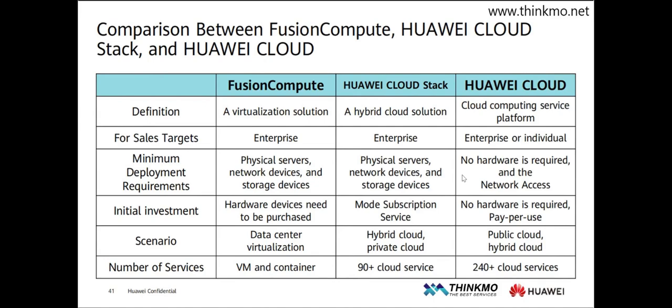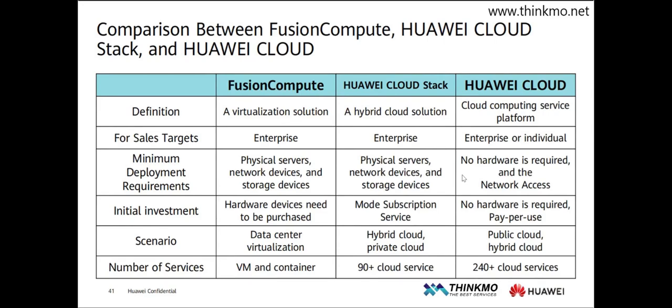If there is some less critical data, it can also be connected to the public cloud to form a hybrid cloud, which is also feasible. However, it mainly focuses on private cloud. Huawei Cloud mainly focuses on public cloud, primarily for individual users. Of course, small and medium-sized enterprises can also use it. Of course, you can also connect it to your local internal cloud environment to form a hybrid cloud. This is one of our specific use cases.